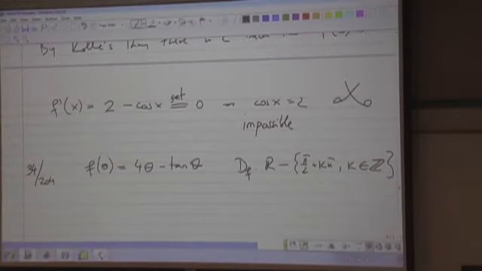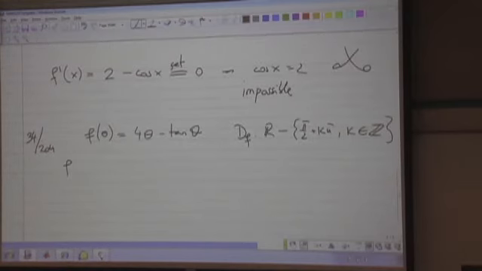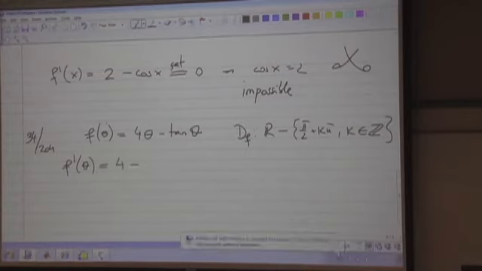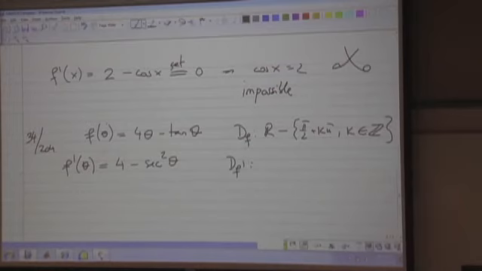Okay? What is f prime of theta? 4 minus secant squared theta. And so what is the domain of f prime? Same thing? So we're obviously not getting any critical points out of there.